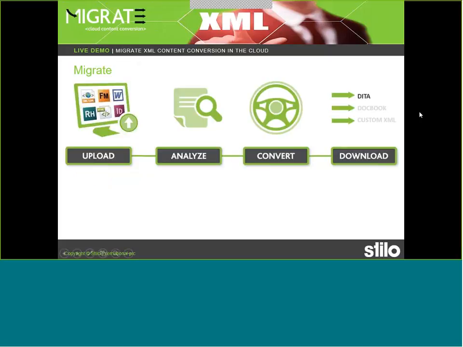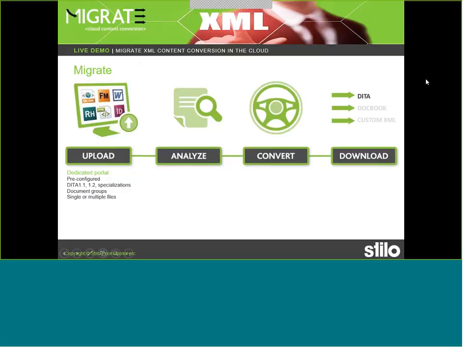So before going into the demo, let me just give you briefly a short overview. When we provide our customers with a Migrate portal, we customize the portal for their own specific requirements. So we look at sample document sets, we pre-configure portals for particular customers. We can go to DITA 1.1, 1.2, we can introduce specializations if needs be.